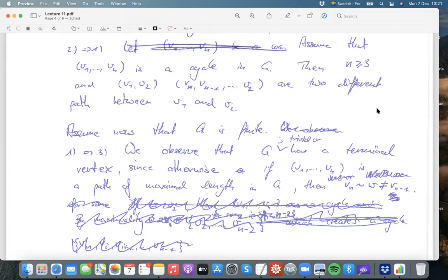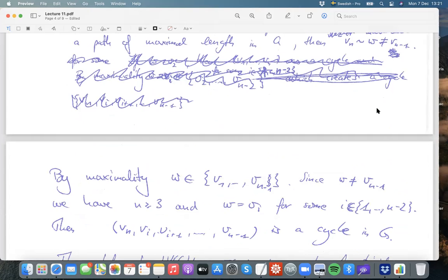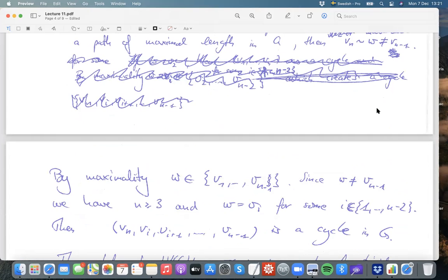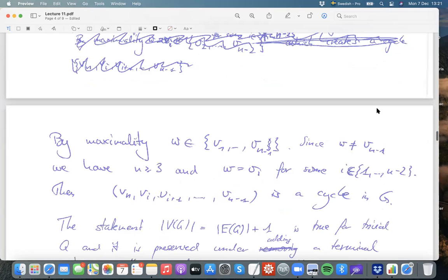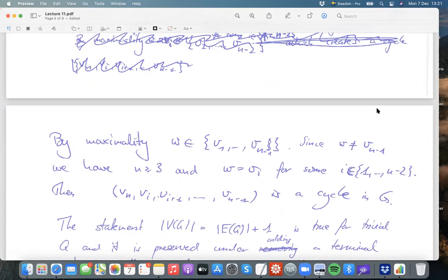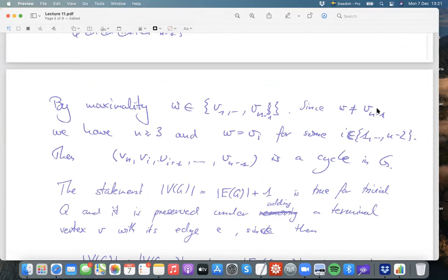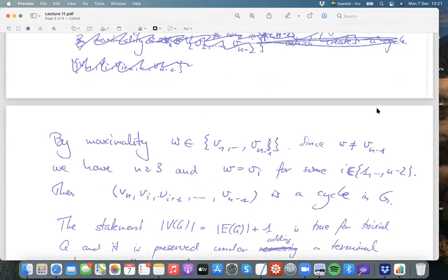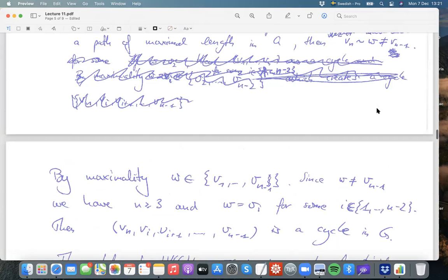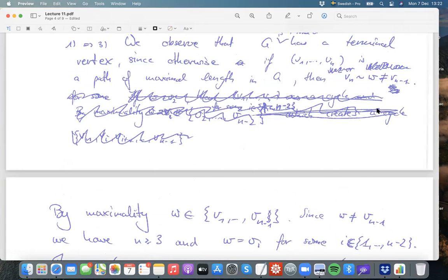Okay. And why should this be true? Why should a tree contain at least one hanging vertex?